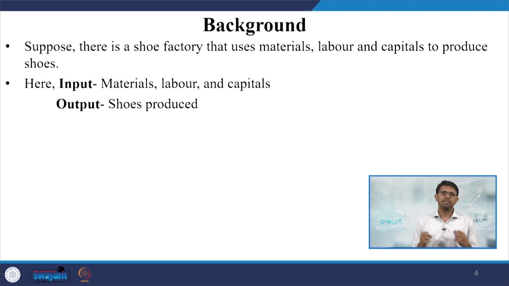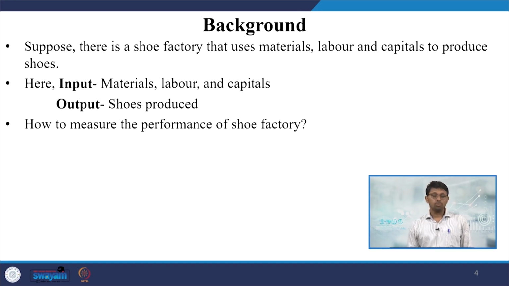Hence, we can clearly differentiate the input and output in this context. Since we have restricted to shoe factories, the output is shoe production, and the inputs are materials and raw materials, labor and capital, etc. Then how to measure the performance of the shoe factory?